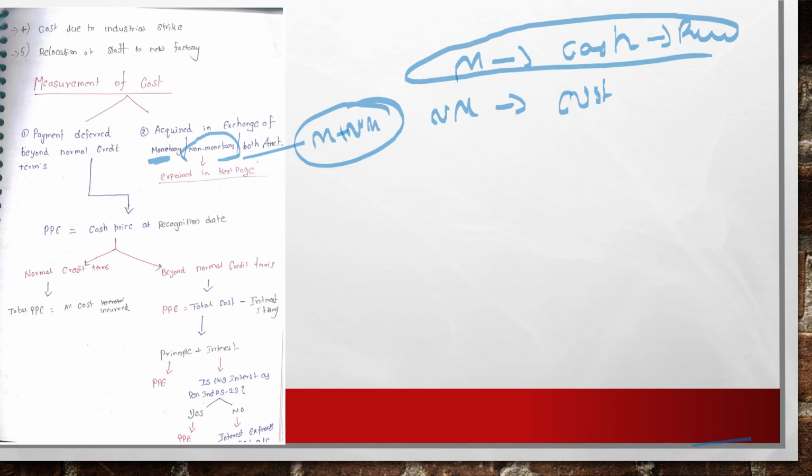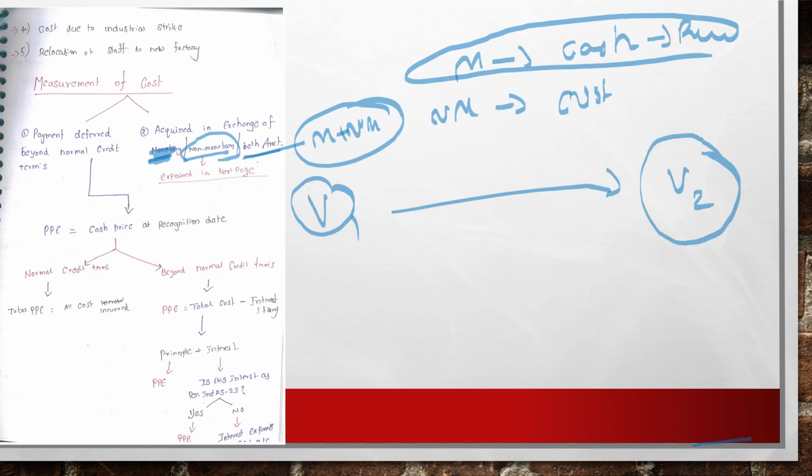So if it is directly monetary, it should not be covered here. It's a non-monetary asset, and both assets should be transacted. Suppose you have vehicle one, and you transfer that vehicle one to your friend. He is doing a separate business, and you get vehicle two from his business. These are non-monetary transactions. And apart from this, you also pay 10 lakhs to get that vehicle two by transferring vehicle one.